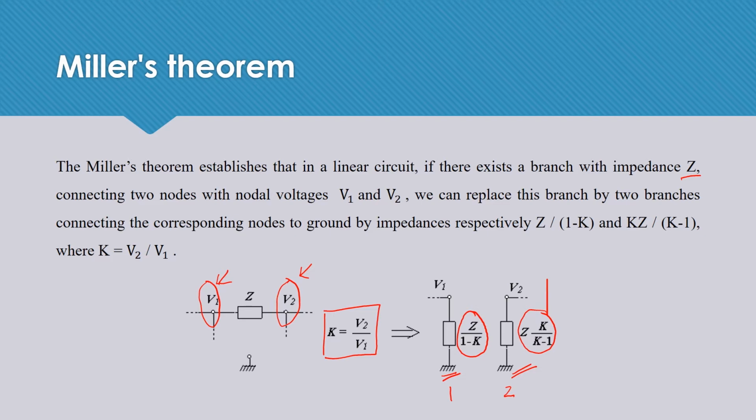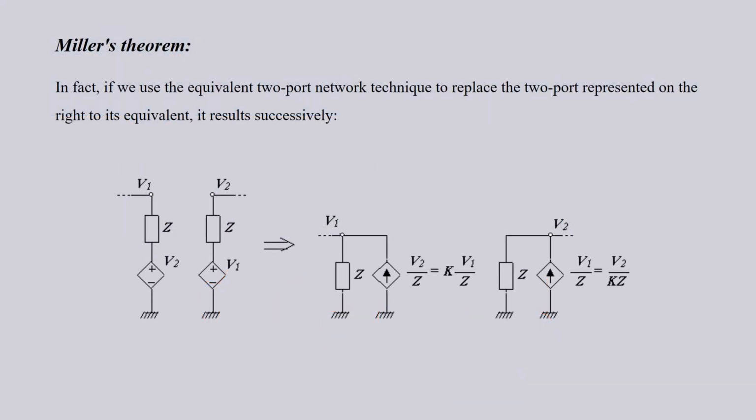So this figure depicts very clearly how to implement Miller's theorem. We can use the equivalent two-port network technique to replace the two-port representation with its equivalent, and this is the illustration demonstrating Miller's theorem.